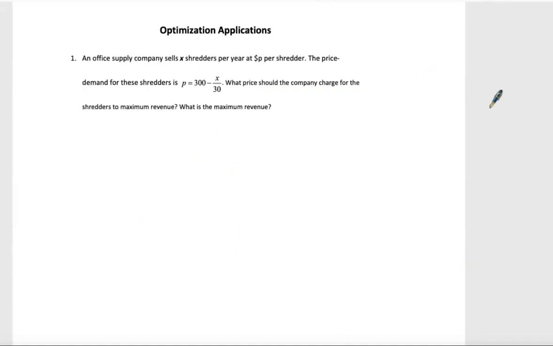Okay, and this next one, I guess this is the second to the last example. An office supply company sells x shredders per year at p dollars per shredder. The price demand means the price of one shredder.